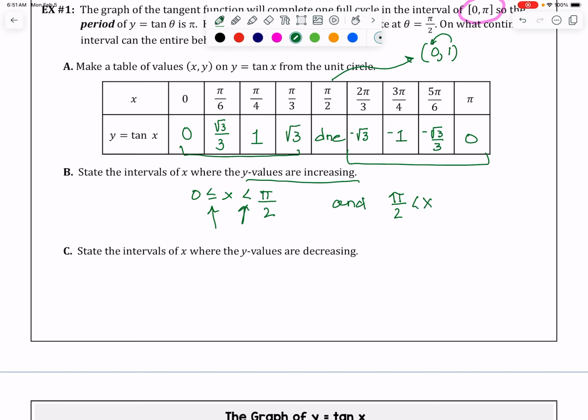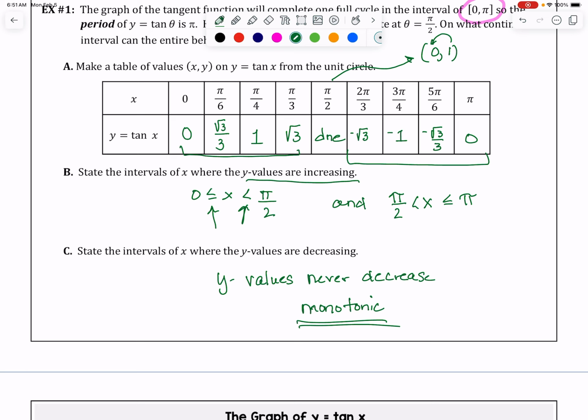So in other words, it's always increasing. The y values never decrease, and so this function is monotonic, meaning it either never increases or never decreases. It is increasing on its entire domain. So that's our tangent function.